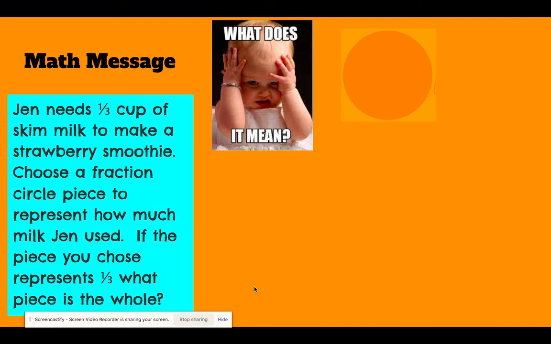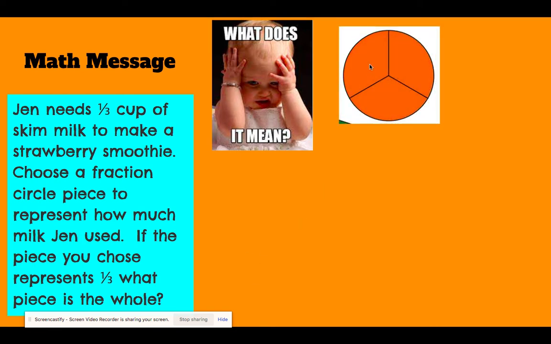So let me explain. If our whole, for example, was a red circle, then 1/3 of that whole would be one orange. As you can see here, you have 1/3, 1/3, and 1/3. So that's the pretty basic way to represent a fraction using the red circle.